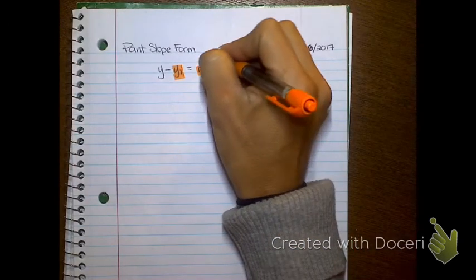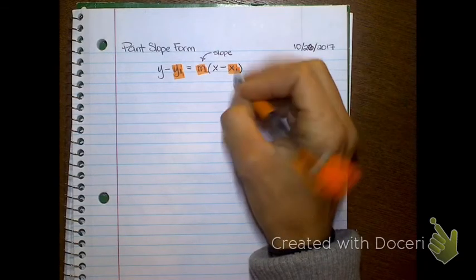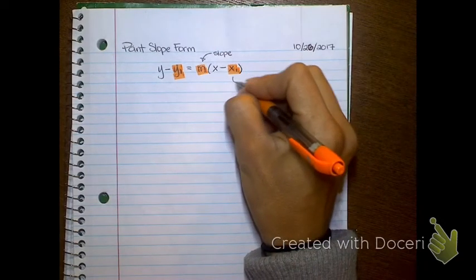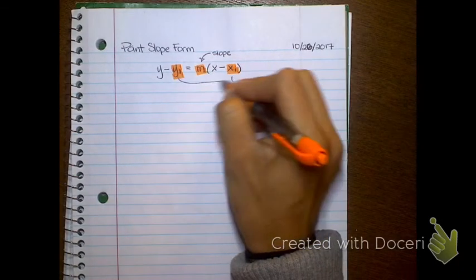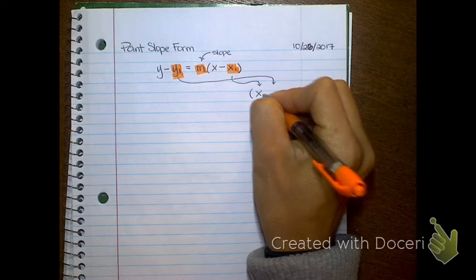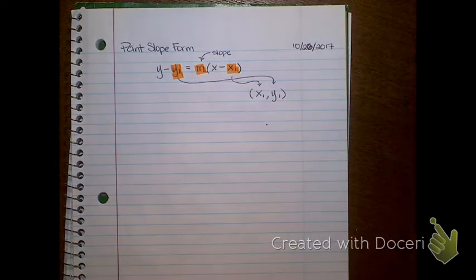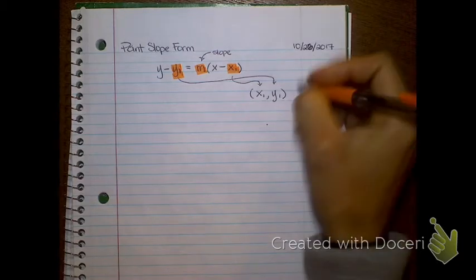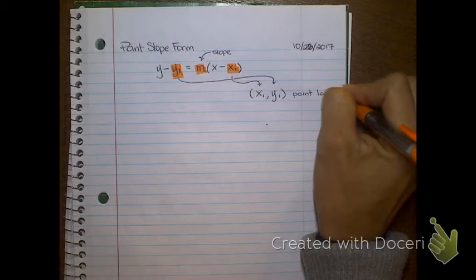Yeah, this one represents the slope. Now, these two together are representing a point, okay? And your point is a value of x and y that is located on the line. So this is your point, and your point is located on the line.